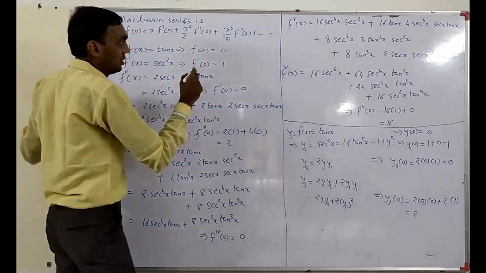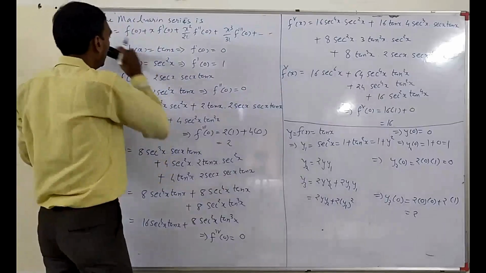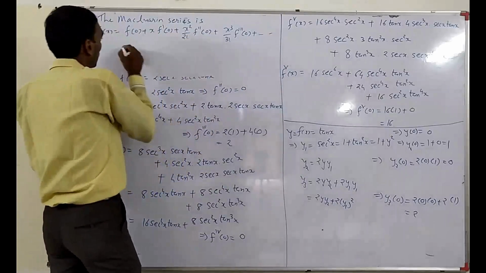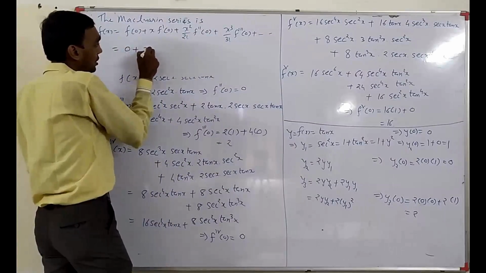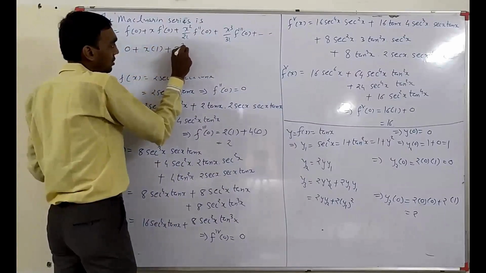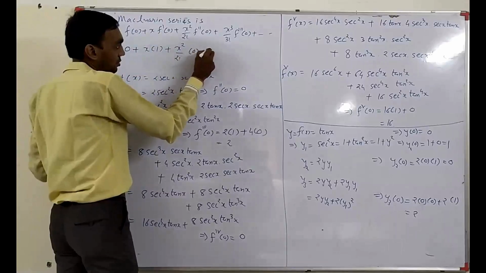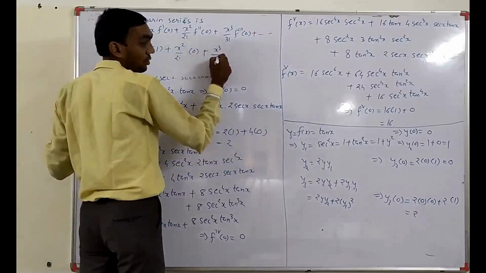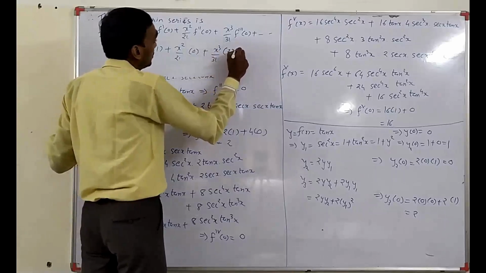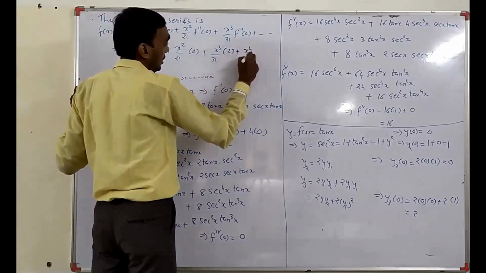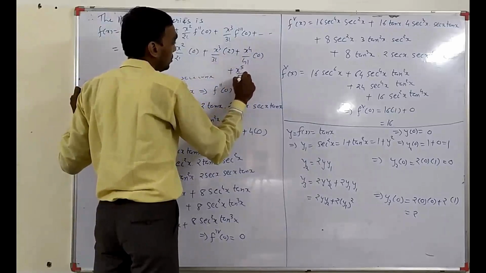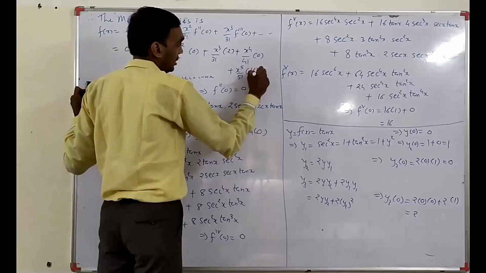So this will be reducing in a form of f(0) has a value 0, f dash 0 has a value 1, f double dash 0 has a value 0, f triple dash 0 has a value 2, plus f4 0 has a value 0 and f5 0 has a value 16.